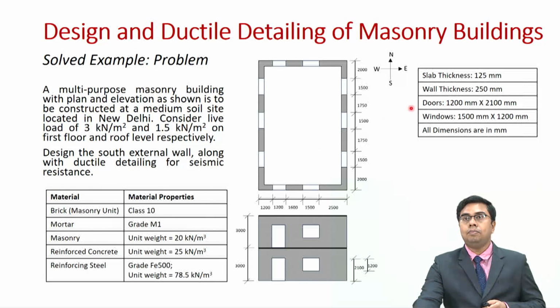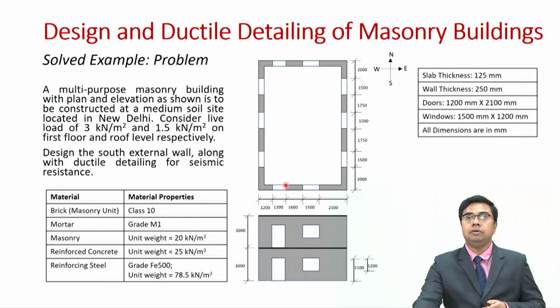Then we have openings in these external walls in terms of windows and doors. While doors have a height of 2.1 meters, the width of the door is 1.2 meters. The windows have dimension of 1.5 meters width and 1.2 meters height.